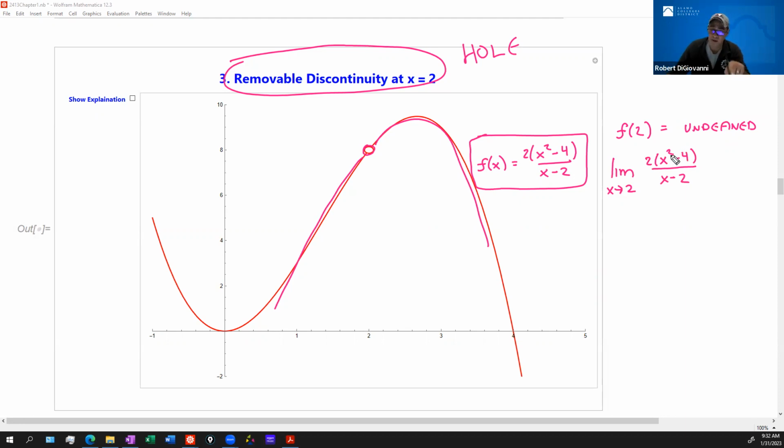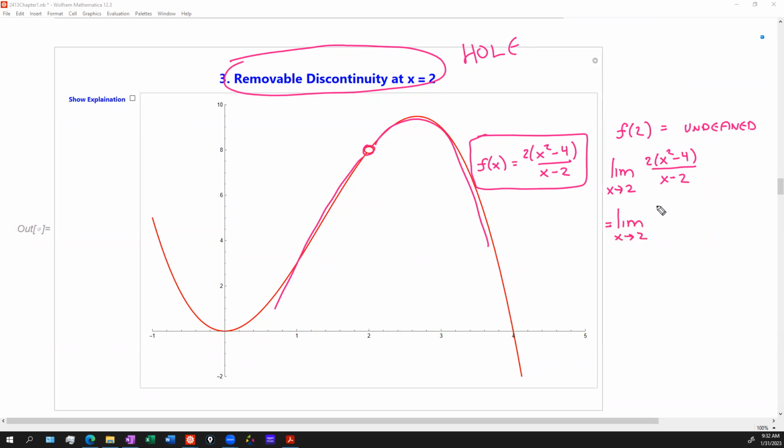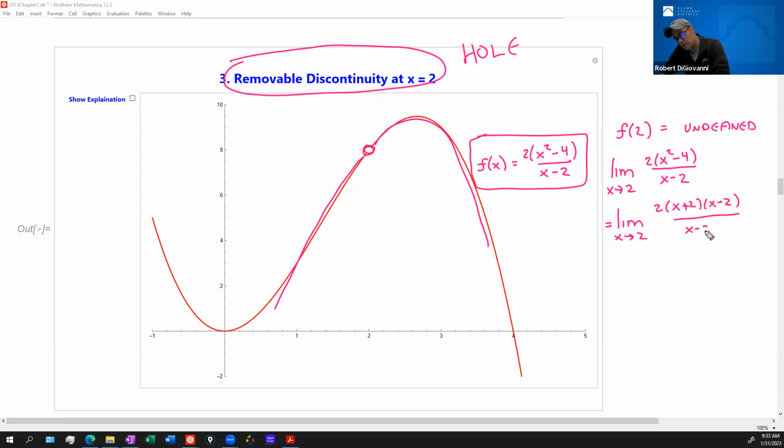If we have a limit and you see 0 over 0, what are we going to do? Algebra trick. Okay, who sees the algebra that I would do to calculate this limit? Difference of squares on top. Good. So I do x plus 2 times x minus 2. That would cancel with the x minus 2 there. And now plug in 2 here. And you get 4, and 4 times 2 is 8.